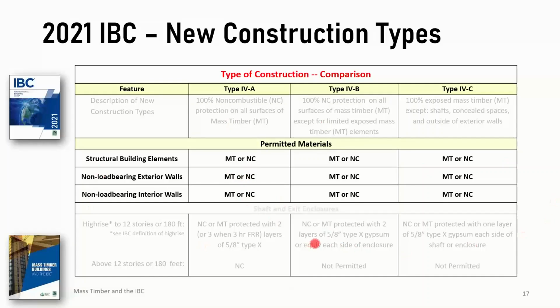All three construction types, that's all that's permitted: the primary structural frame, load-bearing walls, non-load-bearing walls. None of these new construction types permit wood frame that's not mass timber. They do permit non-combustible frame, like steel frame. That would be within the non-combustible category. Certainly concrete and masonry as well.